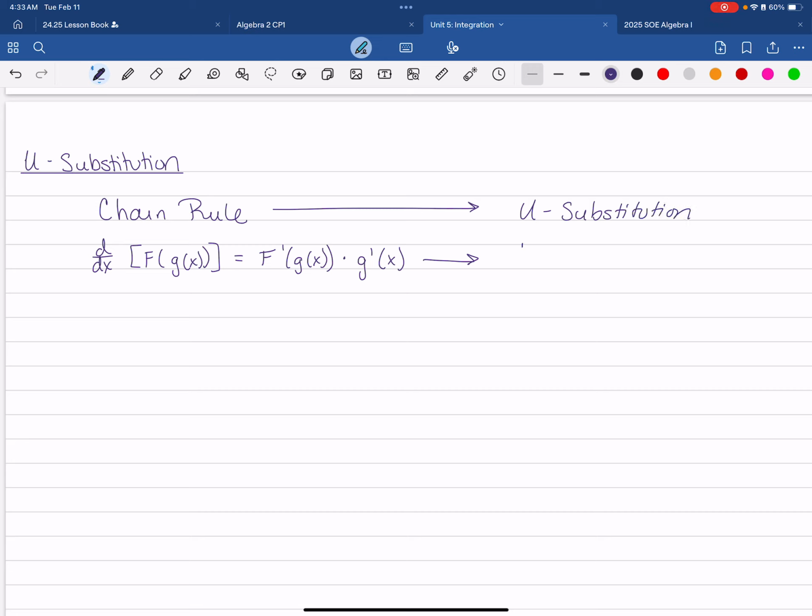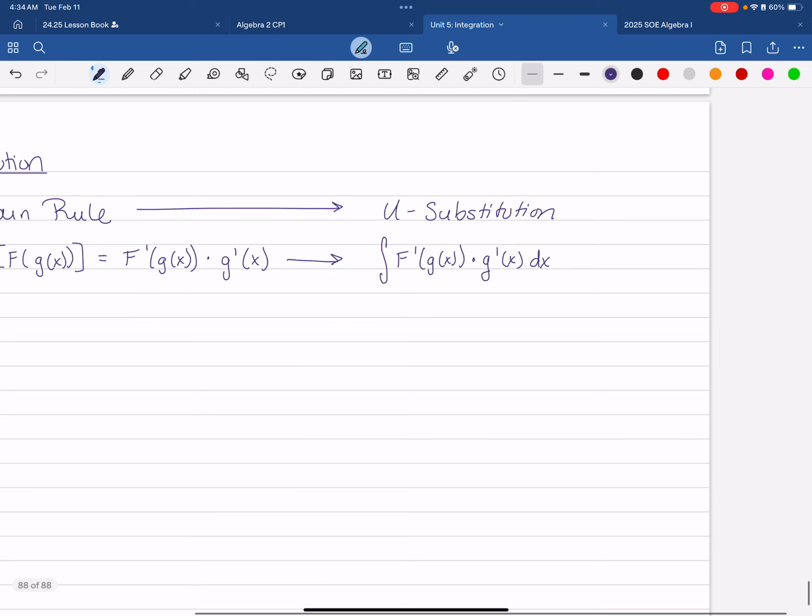We're now going to be taking the antiderivative of f prime of g of x times g prime of x dx. And what that's going to give us is that composite function back out, plus some constant. And so U-substitution is all about recognizing a pattern.